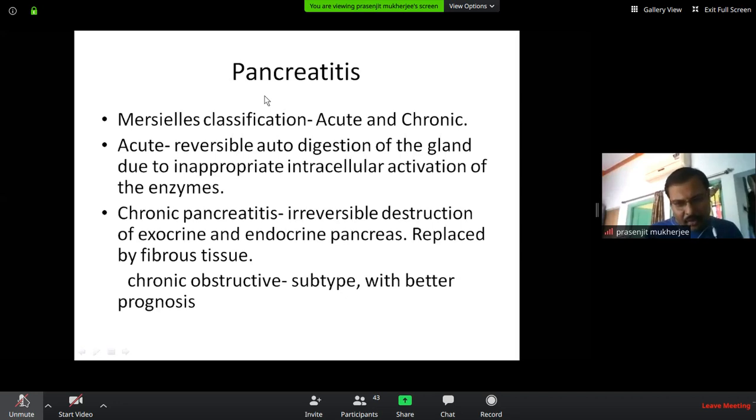The prognosis is better, as if we remove the cause, then the pancreatitis may revert. Okay.